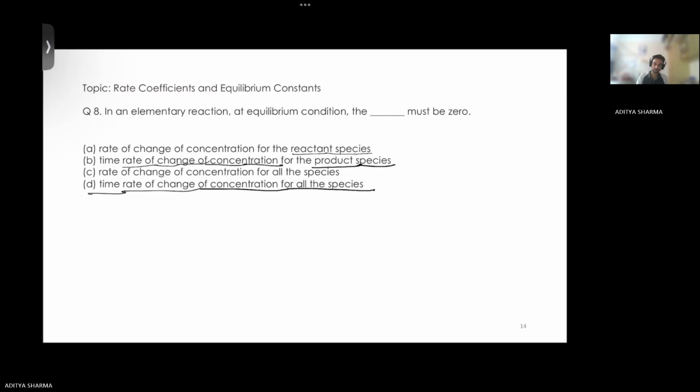Okay, so the fourth option, D option, will be correct for this question. Okay, so this was your question number 8.